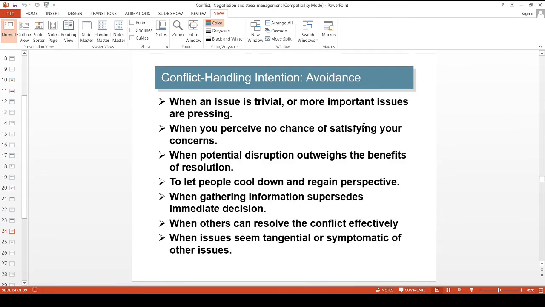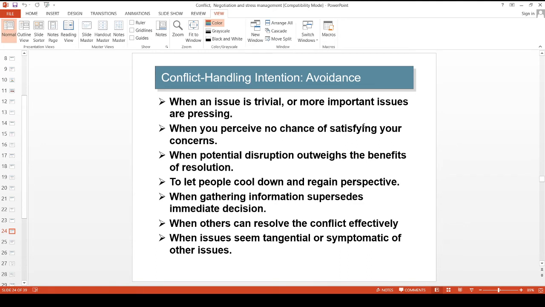Now the third approach which we have just discussed is avoidance. This approach is more suitable when an issue is trivial or more important issues are pressing, when you perceive there is no chance of satisfying your concerns. When you have the idea that your concerns may not be satisfied, then you try to avoid the situation.